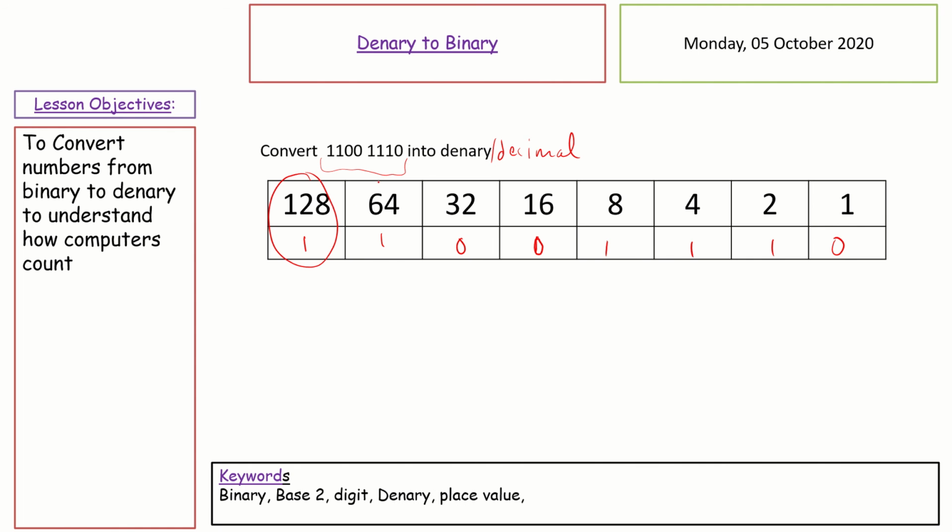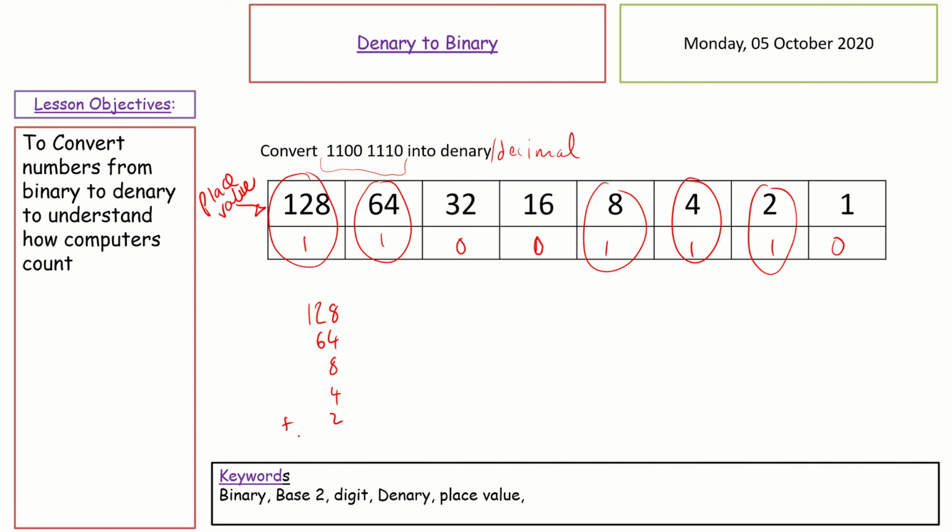I'm going to look everywhere it's on, I'm going to circle it, and I'm going to add together the place values. Remember, the top row above. So I'm going to add 128, 64, 8, 4 and 2.